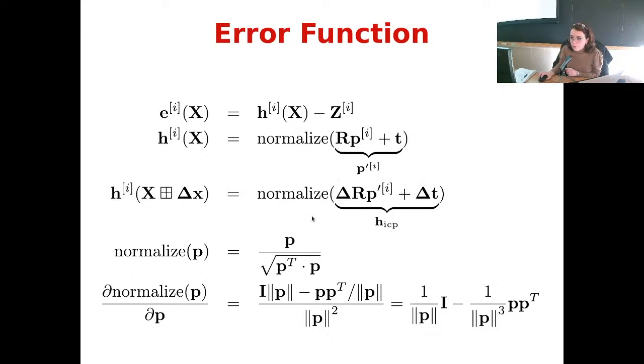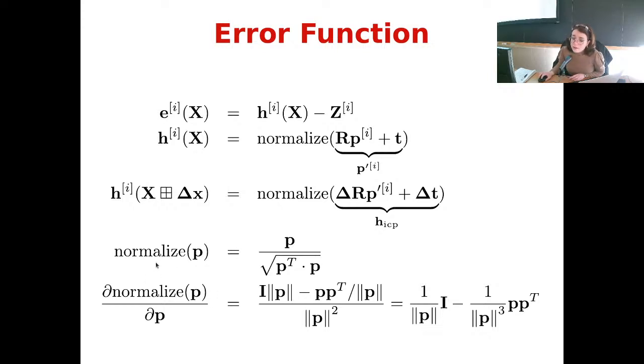Then we can compute the derivative of the normalized function with respect to p, and then the derivative of the argument with respect to the state. In particular, since we're using the least squares on manifold formulation, with respect to the perturbation of the state. So we first compute the derivative of the normalized with respect to p, and then the derivative of the argument of the normalized with respect to the state.